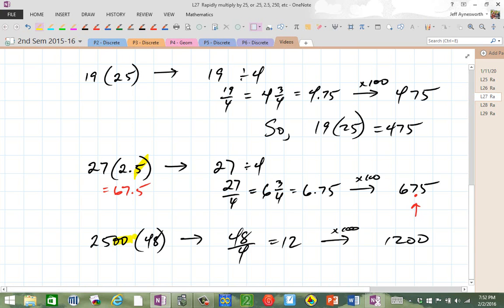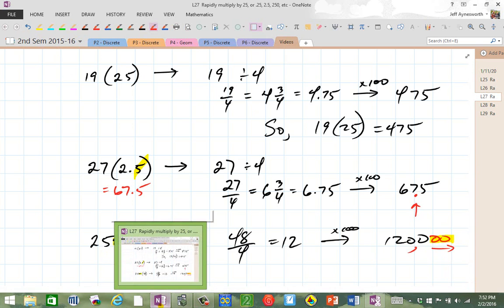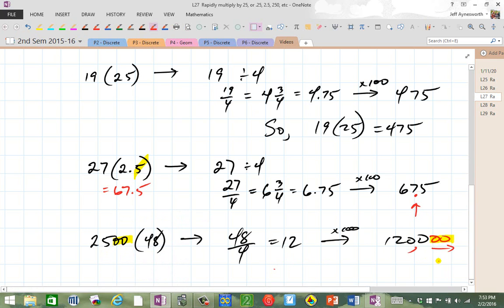Notice, you got to use your number sense. You have to shift the decimal to the right now because I'm not multiplying it by 25, I'm multiplying it by 25 times 100. So you have to adjust the decimal and it becomes 120,000. So you have to adjust the decimal when needed. Let me write that down.